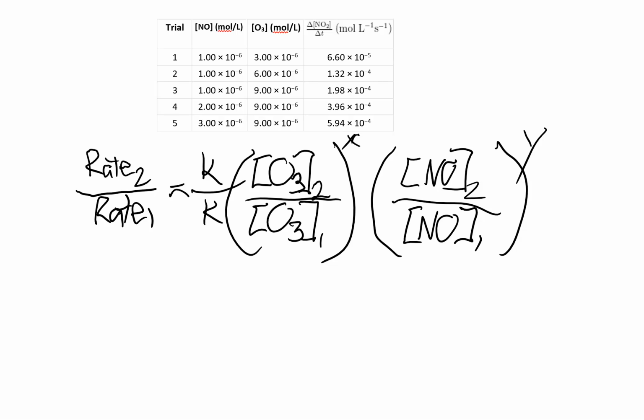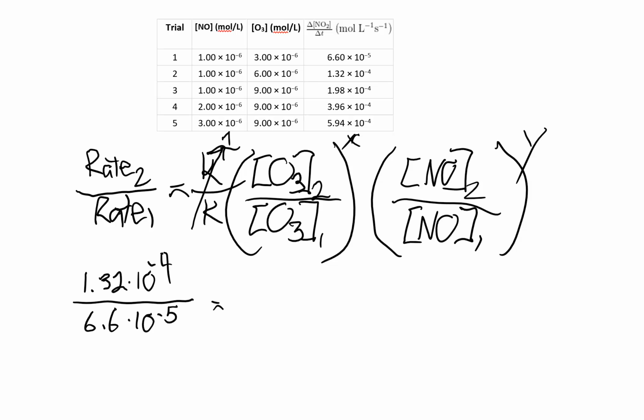Now we can start plugging in our actual values. So 1.32 times 10 to the minus 4th over 6.6 times 10 to the minus 5th equals the rate constant k divided by k, so that goes away, becomes 1 because it's the same value.